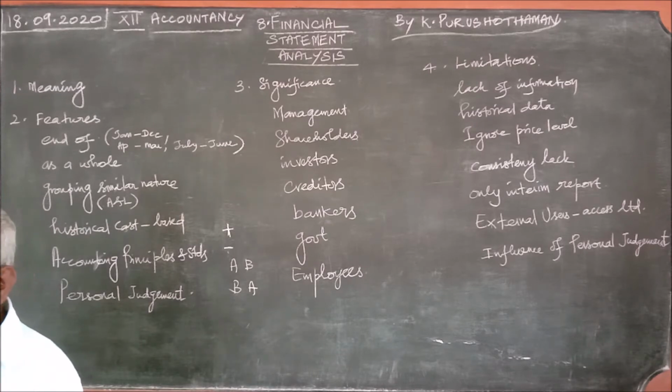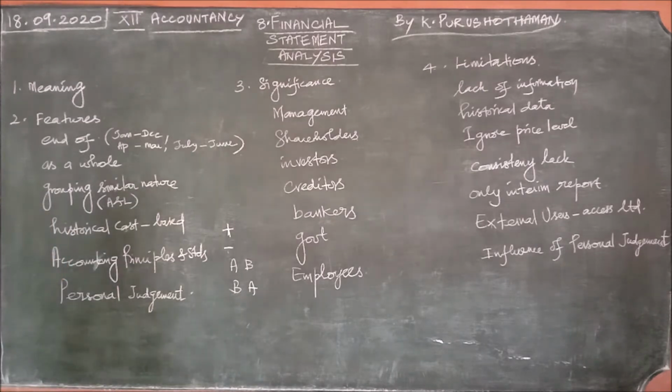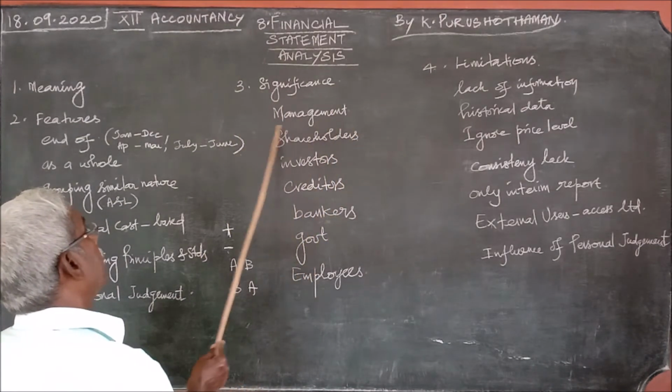It is the one which directs all the people what they have to do, what the shareholders have to do, what the employees have to do, where they can get the financial assistance, and what directions are given to the shareholders. All this information is given by the management.